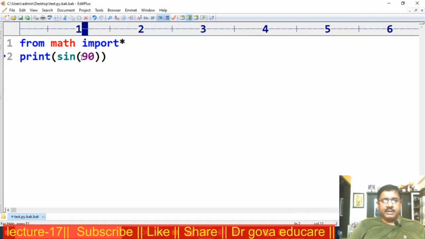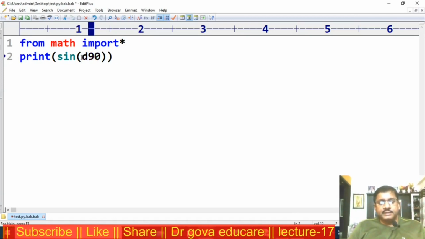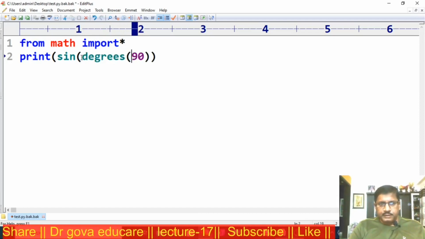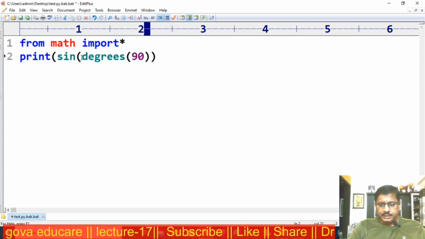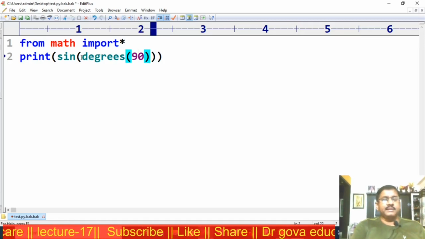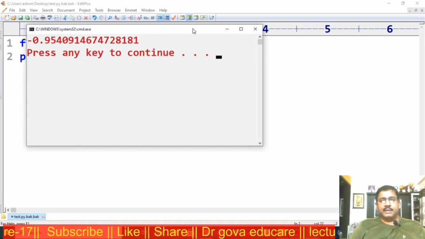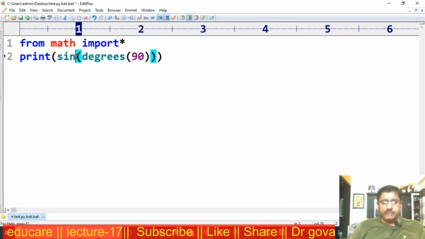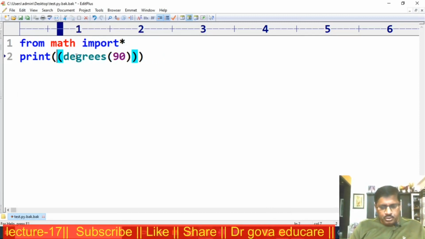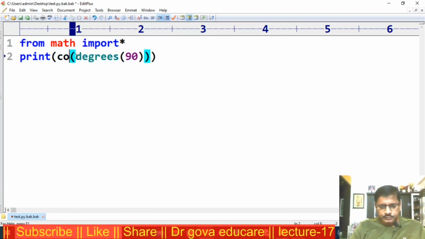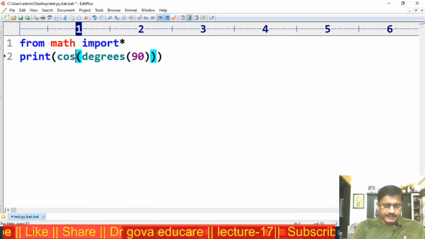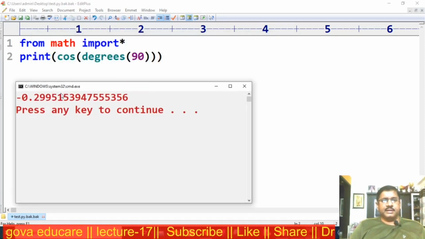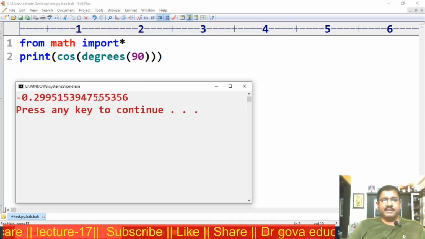I convert 90 into degrees, and this is the sine of 90 degrees. This is the approximate value. Suppose I want to perform cos of 90 degrees. This is the approximate value, not the exact value.